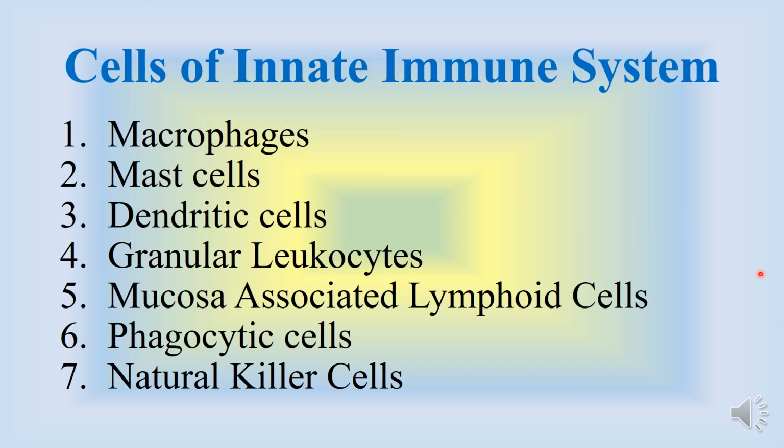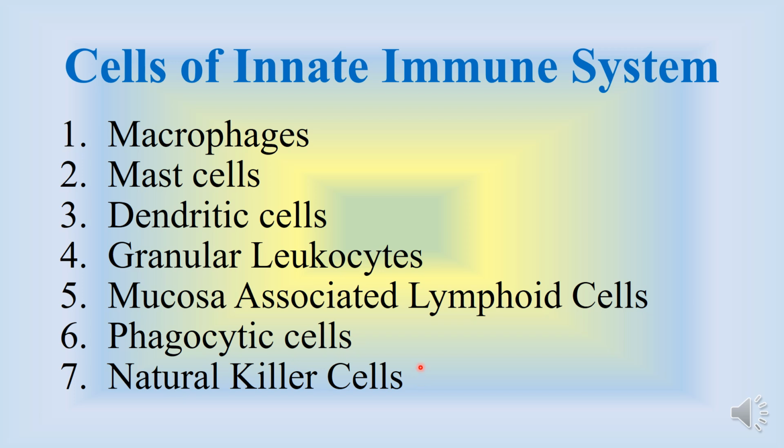The cells of innate immune system include macrophages, mast cells, dendritic cells, granular leukocytes, mucosa associated lymphoid cells, phagocytic cells, and natural killer cells. Now, in the first lecture of this series, we had discussed about innate immune system.